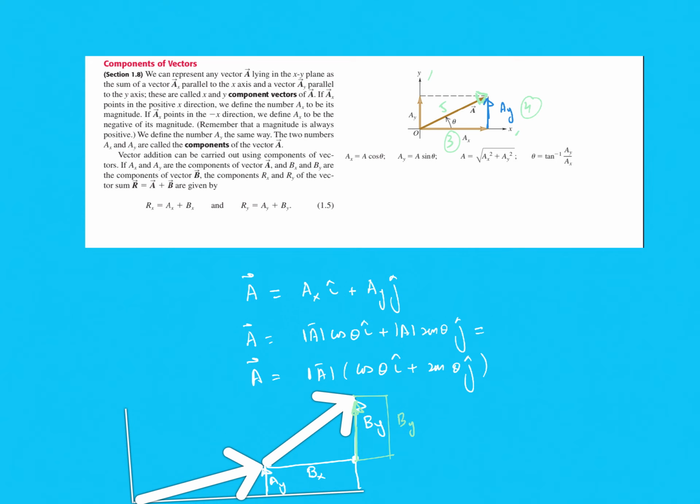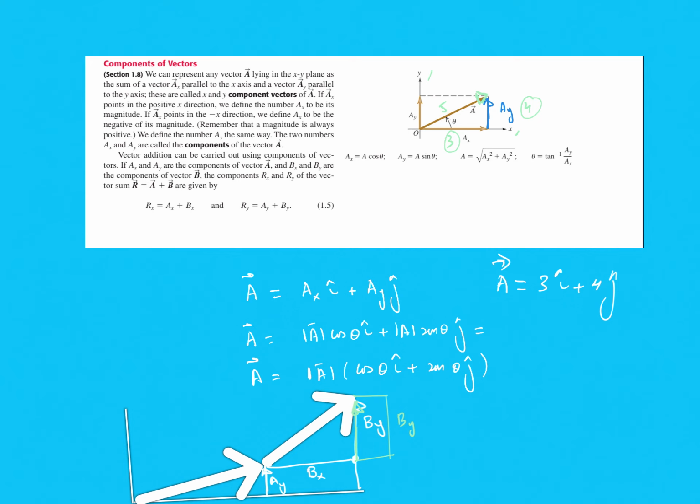In this case, I can write the vector A like this. The vector A will be 3 units in the i direction, because I said this is 3, plus 4 units in the y direction, and the y direction I call j.